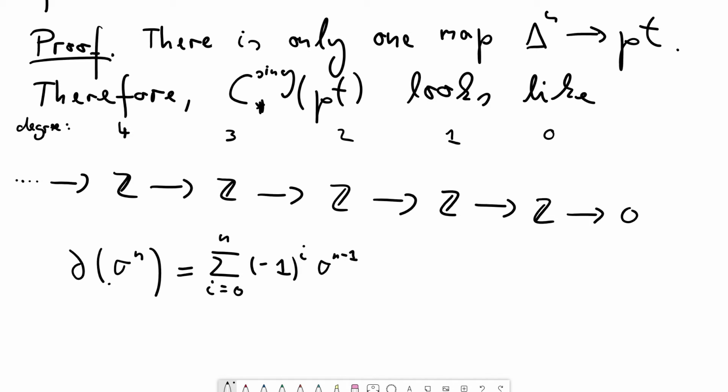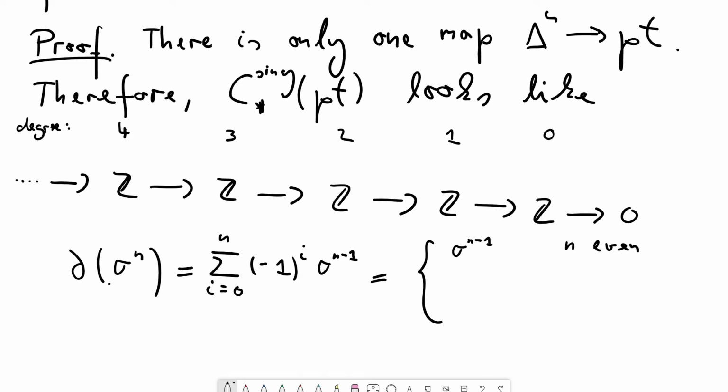Now we see an alternating sum, and the result only depends on whether there are odd or even many summands. If there are even many summands, all of them cancel out, because there are as many with plus sign as with minus sign. In the other case, one of these singular n-1 simplices remains. So this is just sigma n-1 in case there are odd many summands, which means that n must be even because we start counting at 0.